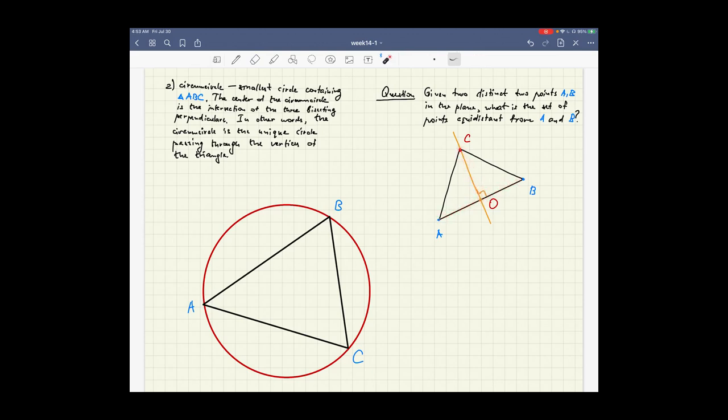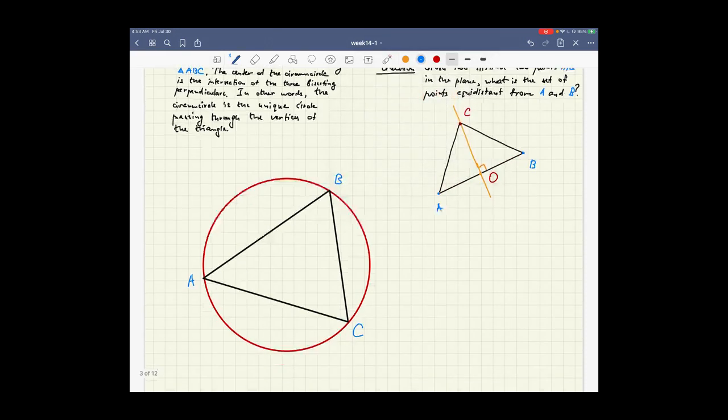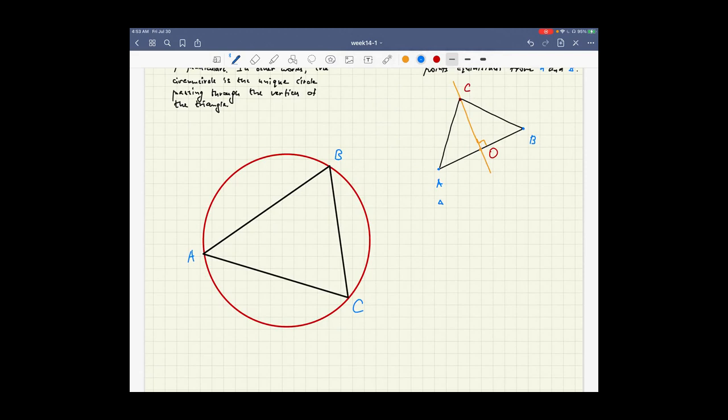I mean, the leg CO they share, and then AO equals BO. So we have that triangle AOC equals triangle BOC.